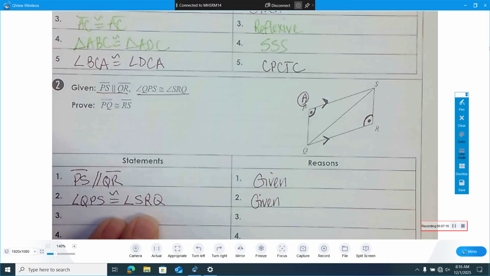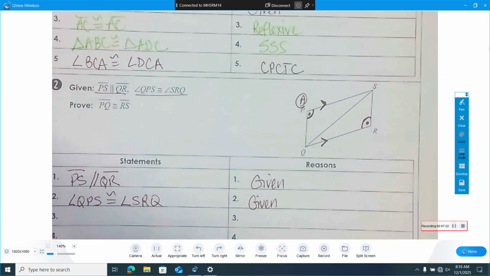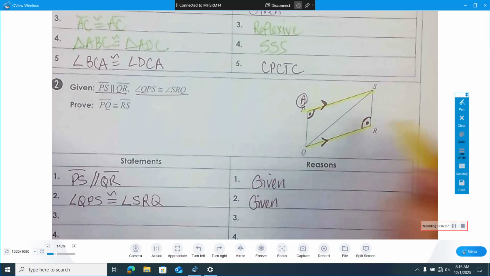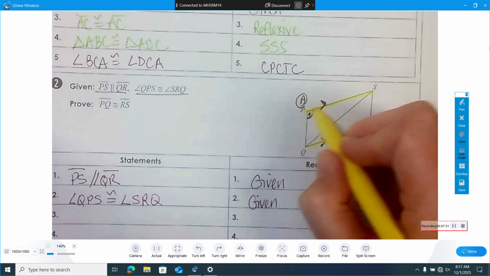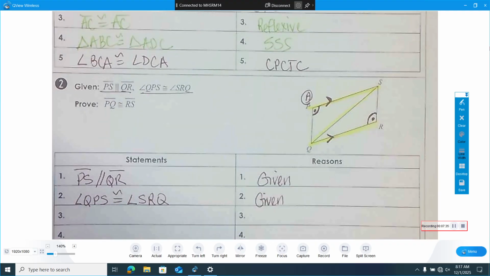Now, they gave me parallel lines. So what do we know when we have a parallel line and another parallel line? The Z shape, yeah? So parallel line. Then I have this Z that connects them, and that Z shape is code for what?